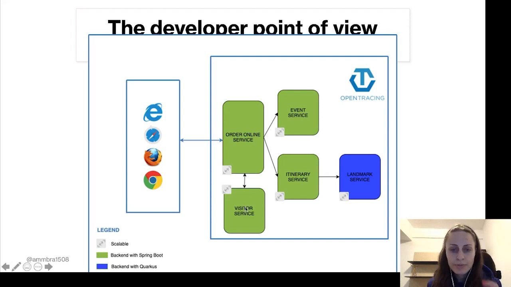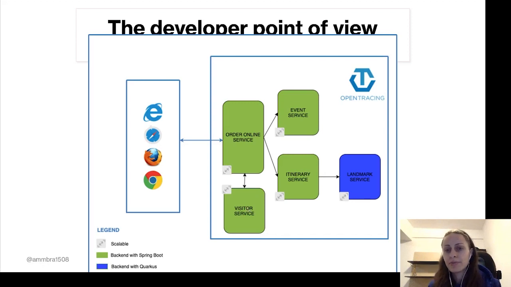So a visitor can order online a ticket for an event or for an itinerary. Itineraries have landmarks associated with them. So you can order online tickets to enter a place, or you can order online tickets for an event. And of course, all this time, as a user, your identity is being retrieved from this visitor microservice.